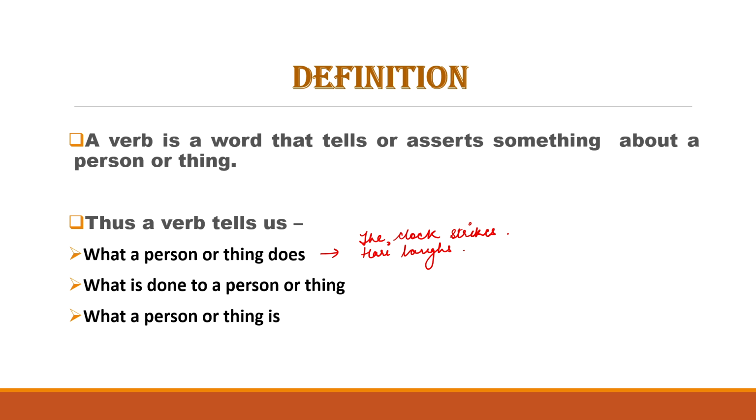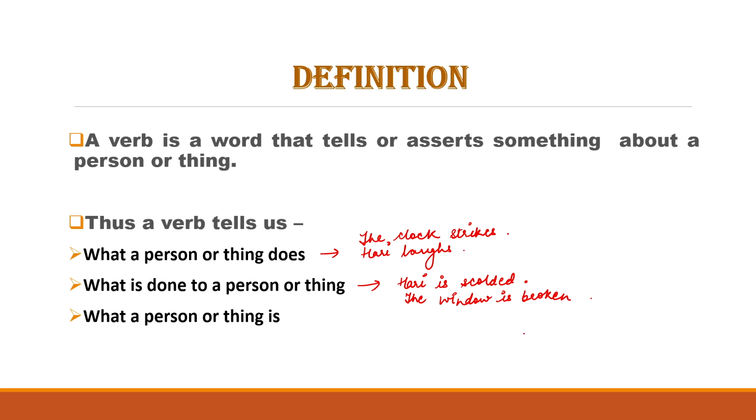Next, what is done to a person or thing? Basically, what happens or is done to a person or thing. For example, Hari is scolded. The window is broken, and so on.